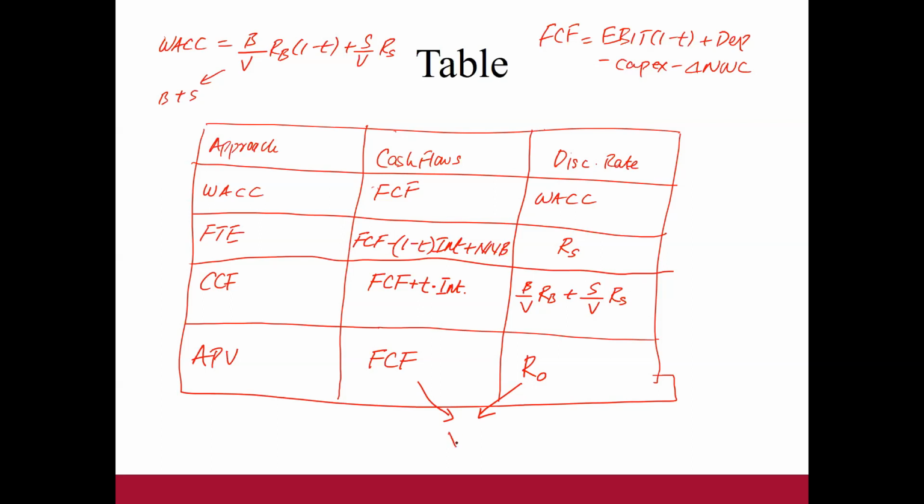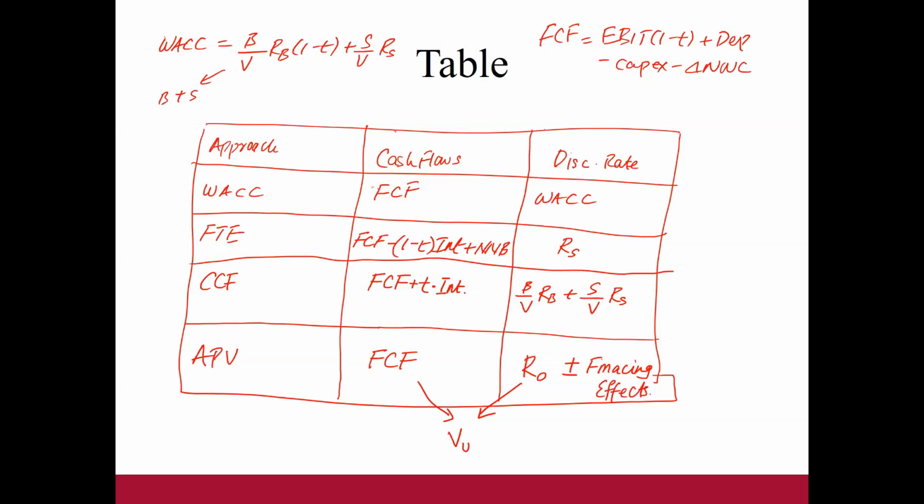So the value that comes about is VU, which is the value of the unlevered firm or the unlevered project. But then how do you account for tax benefits or costs? You add or subtract them separately: plus or minus tax and financing effects, like the present value of any interest tax shield, all of that is added or subtracted separately.